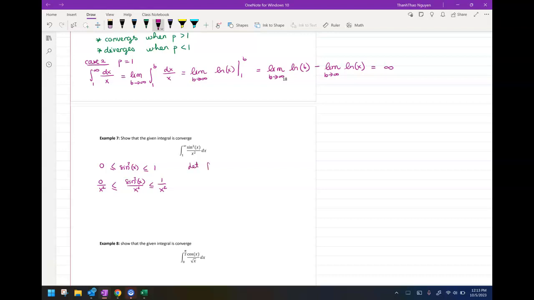So I let f of x equal sine squared of x over x squared, g of x equal 1 over x squared, and we can see that f of x is less than or equal to g of x. The integral from 1 to infinity of 1 over x squared dx is convergent. So then f of x is also convergent.